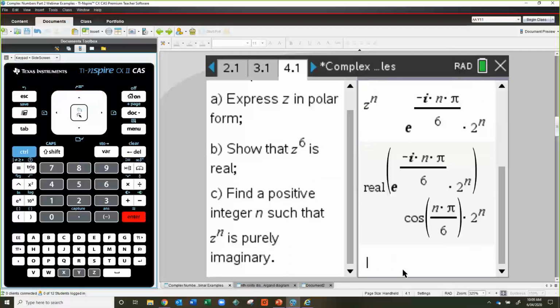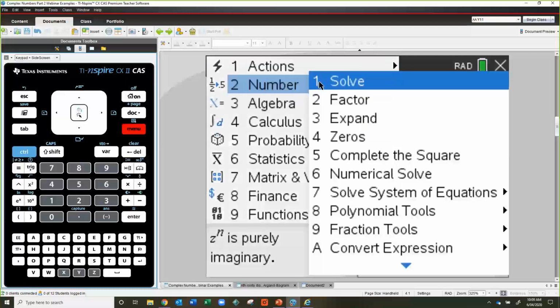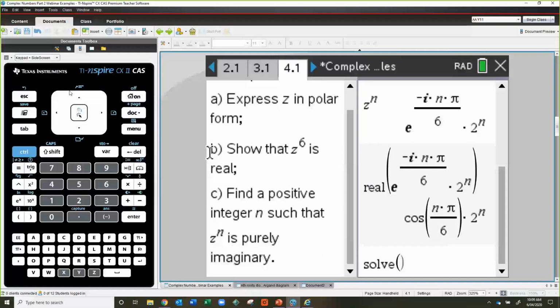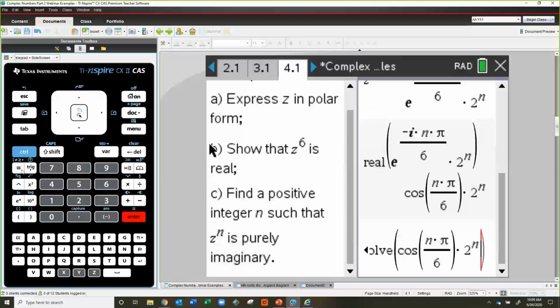Enter. So that's my real part. I want the real part to be 0 because I want my number to only have an imaginary part. So we'll go menu, algebra, solve, and I take my equation and say that this is equal to 0, comma, n.